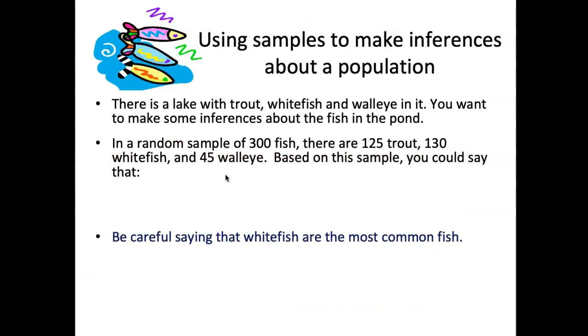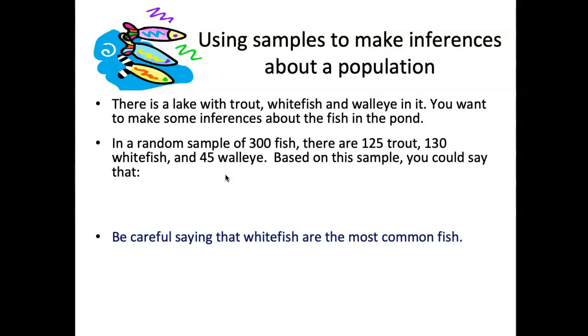Okay, so the last one is making inferences about your population based on your sample. So how can you use the information from that small group and apply it to the bigger group, your entire population? Okay, so there is a lake with three different types of fish, and you want to make an inference.